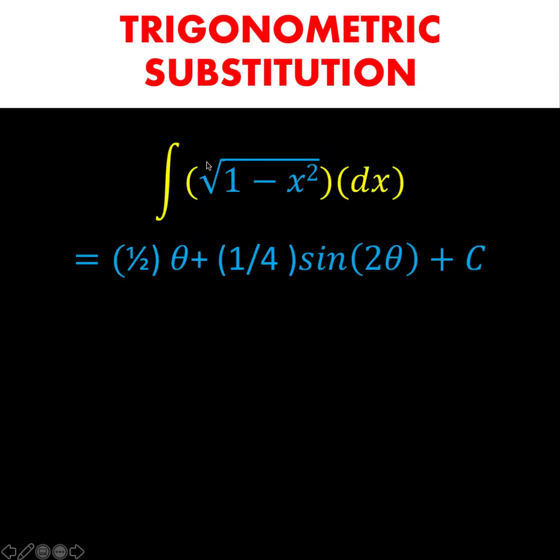But remember that what we are integrating is the square root of 1 minus x squared dx. And at this point of our solution, this is the value that we have so far. But what we have here is in terms of theta, in terms of the angle theta. So we need to go back again to our prior substitutions.